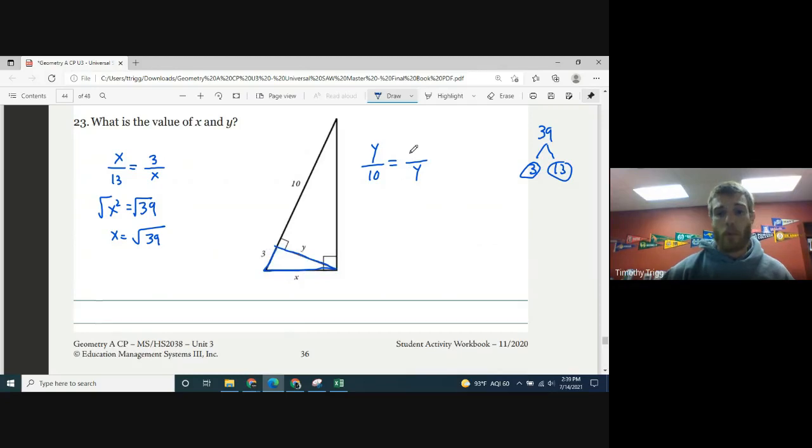Well, this one here, 3. Cross multiply. Y times y is y squared. 10 times 3 is 30. To get rid of the squared, you're going to square root both sides. That'll give you y equals the square root of 30.